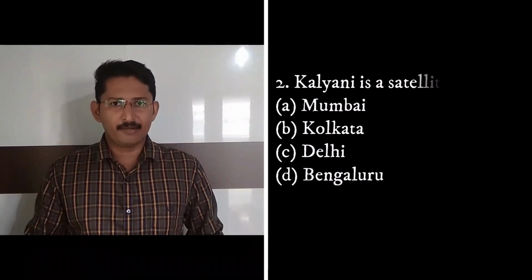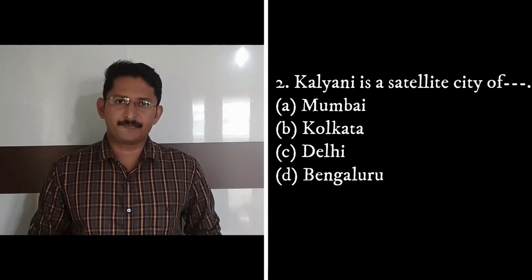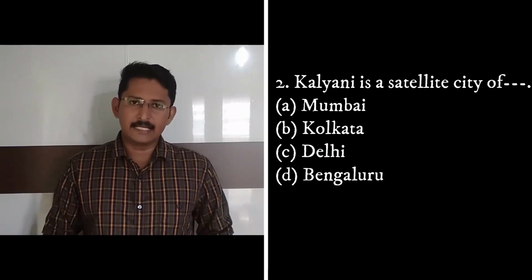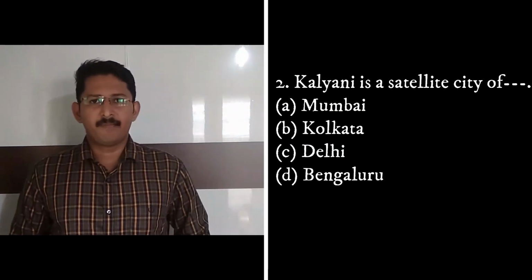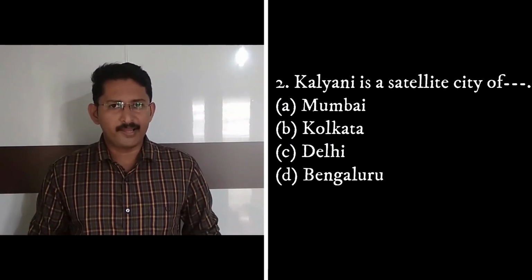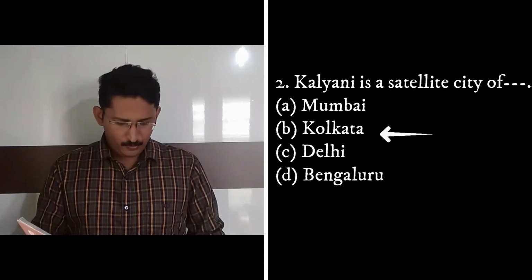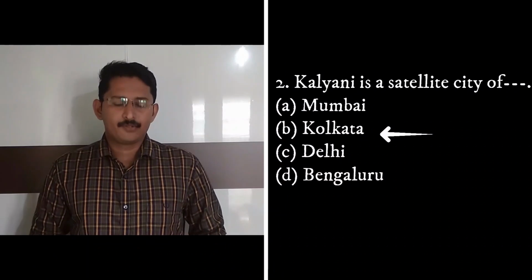Moving to the second question, Kalyani is a satellite city of dash. A, Mumbai, B, Kolkata, C, Delhi, and D, Bangalore. So which is the right answer here? Of course, option B, Kolkata. Kalyani is a satellite city of Kolkata.